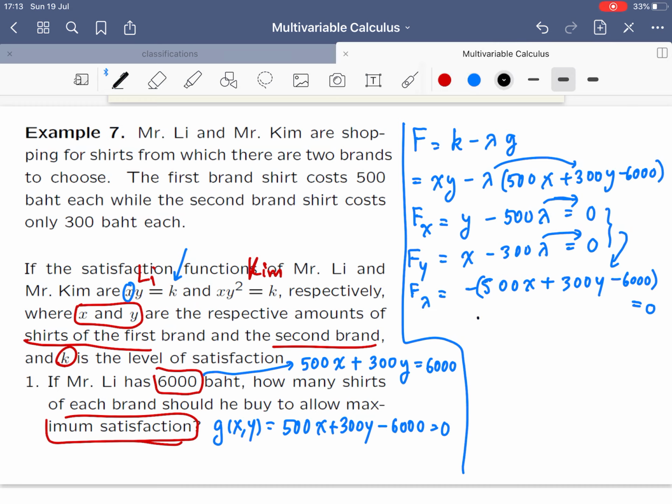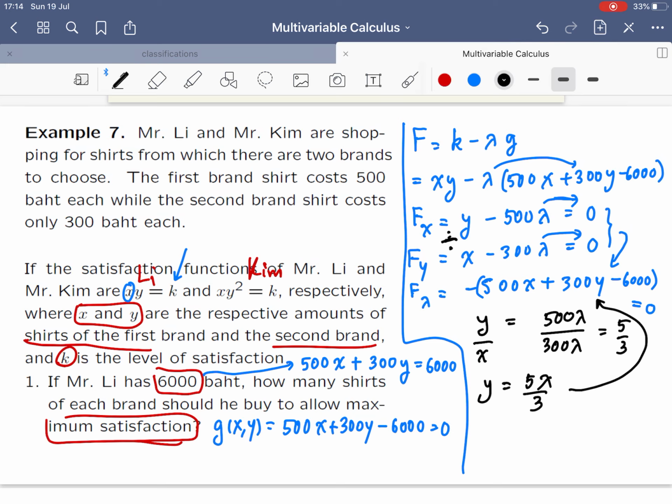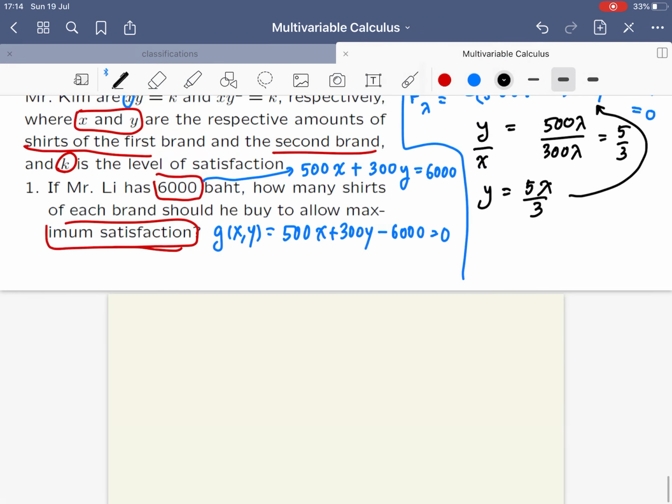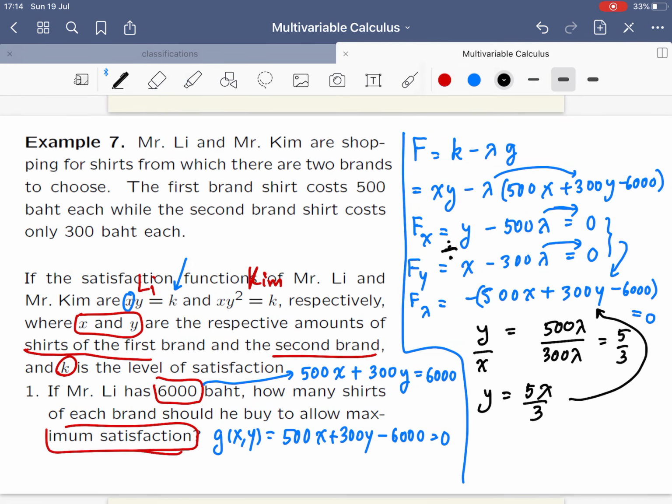So y equals 500 lambda, while x equals 300 lambda. You just simply do a division, then the lambda is gone, so you have 5 over 3. So your y is simply 5x over 3, and you immediately plug your y into that constraint to get your x.